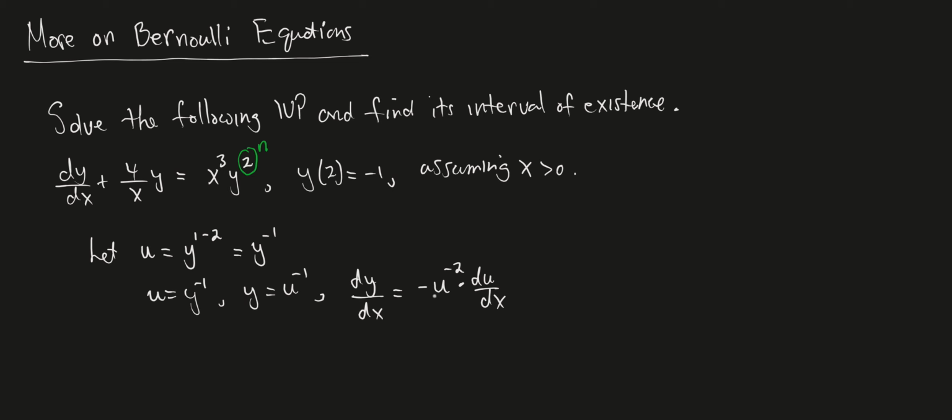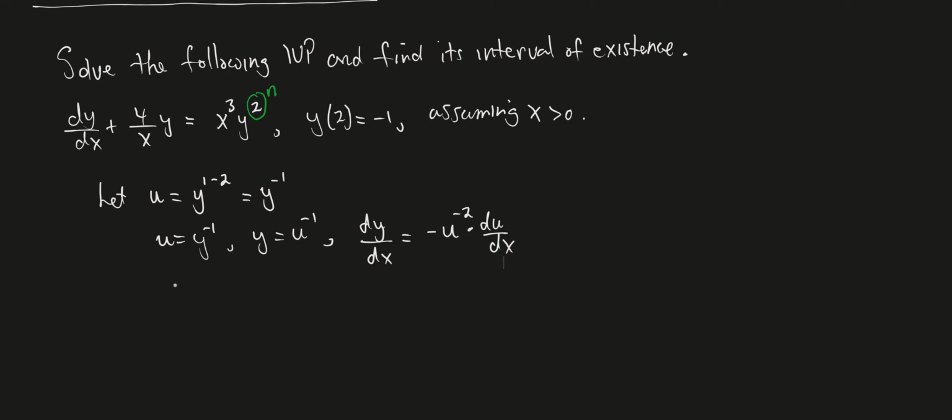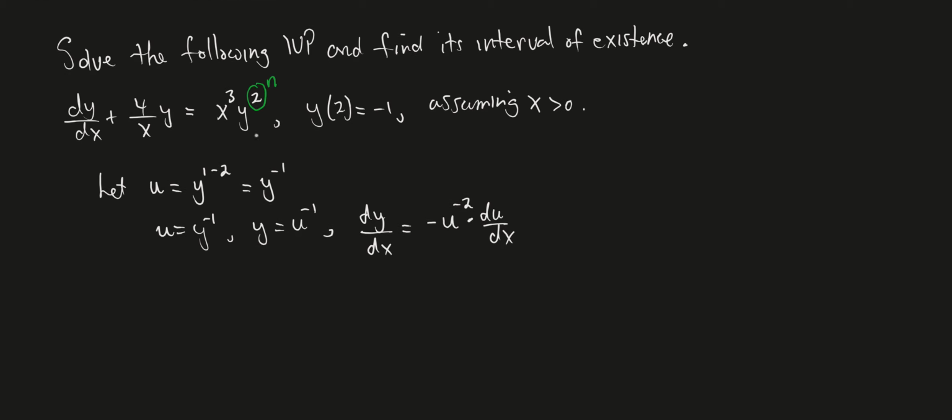So we have everything that we need to convert the differential equation into a new differential equation, but where the dependent variable is now going to be u. So first for dy/dx, I'm going to write this expression down: negative u to the negative 2 times du/dx plus 4 over x. That coefficient doesn't change.